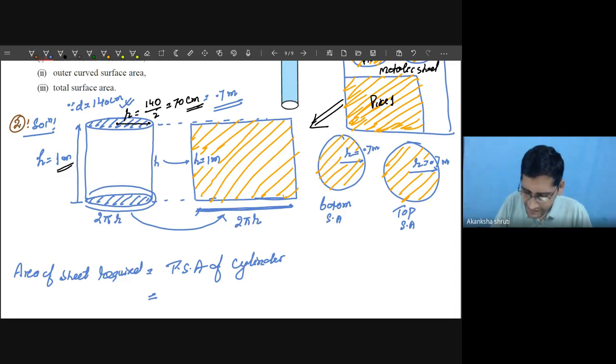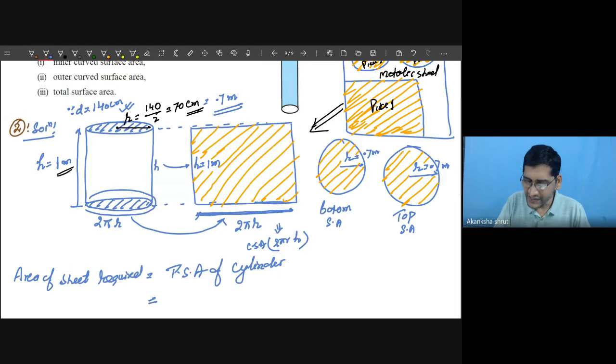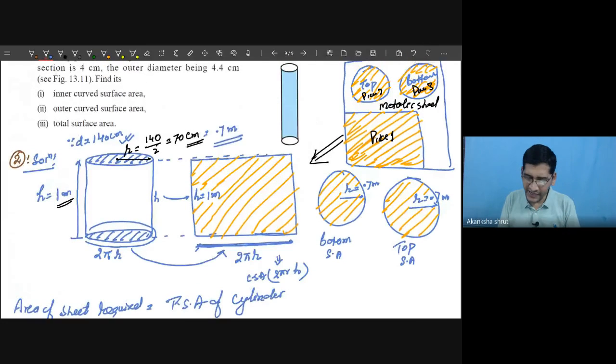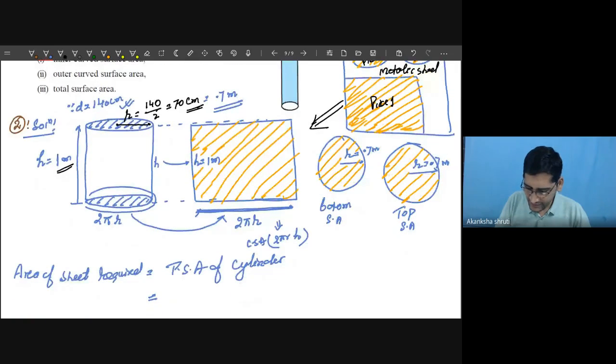Students, just by rolling this or multiplying this 2 pi r with height h, we are getting the same as CSA. Getting? So even I have opened this into rectangle. Understand that this cylinder is obtained by rolling a rectangle which has one edge length as 2 pi r and another side length as height h. Okay, so this way we can calculate this as TSA.